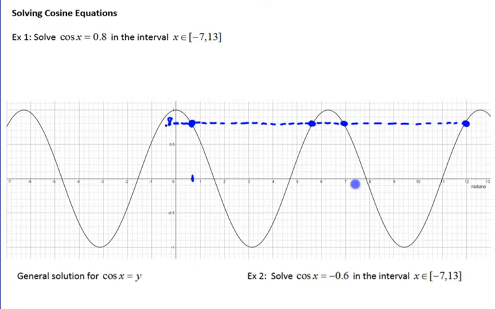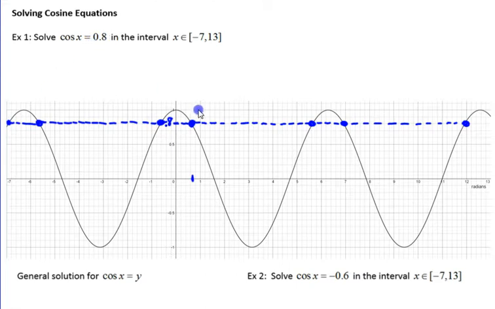If I go into the negative direction, I will find another one here, and if I continue on across, 2 more here and here that all have y values of 0.8. So I'm actually looking for 1, 2, 3, 4, 5, 6, 7 different x values. If I go straight down from each of these points, I will find an x value associated with each of these y values, and every y value is 0.8.